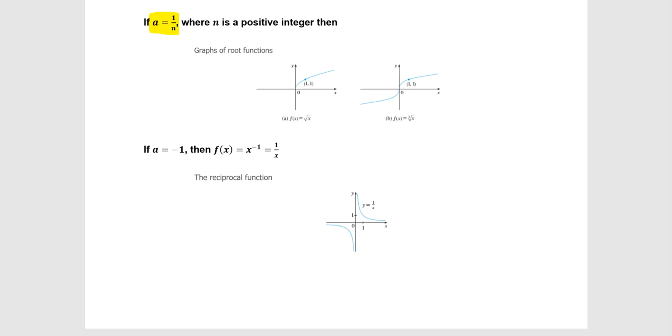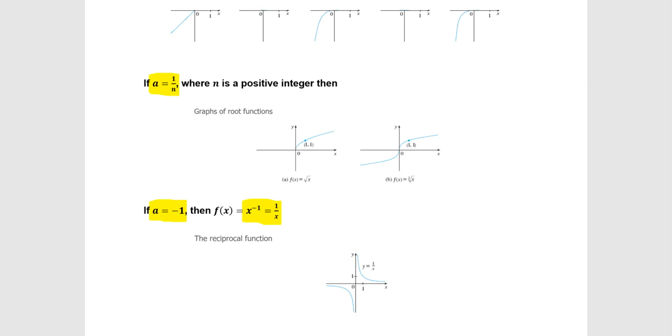Last one, if a equals -1, so x to the -1, we know that a -1 exponent just essentially means reciprocate the base, 1 over x to the +1. That is a rational function called the reciprocal function. So that one looks like that one right here.